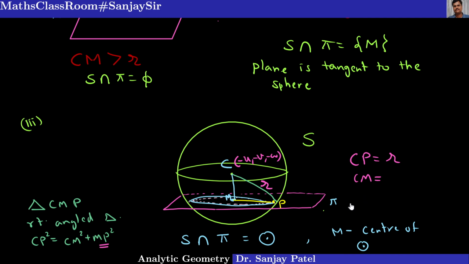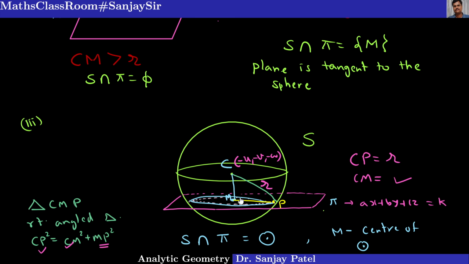What is the plane pi? It is given by ax plus by plus cz is equal to k. So putting the values of the center and these coefficients in that formula, you can get the distance CM. So getting CP and CM, you can find out the value of MP using the Pythagoras theorem. So this way we can find the radius of the circle of intersection.